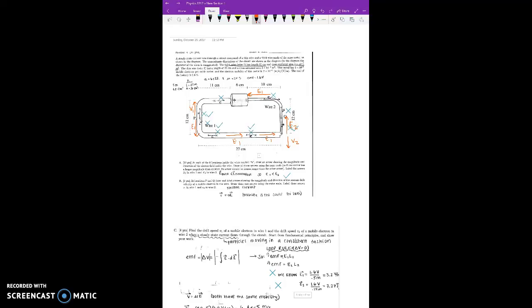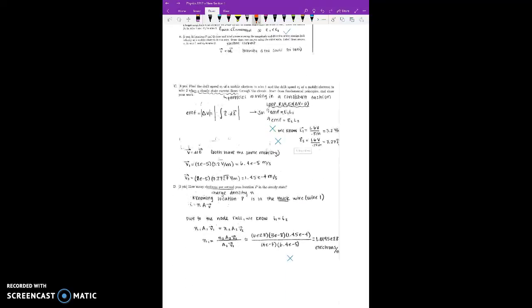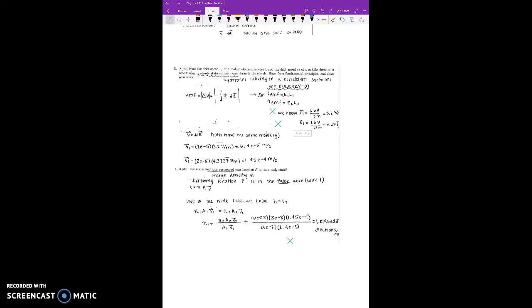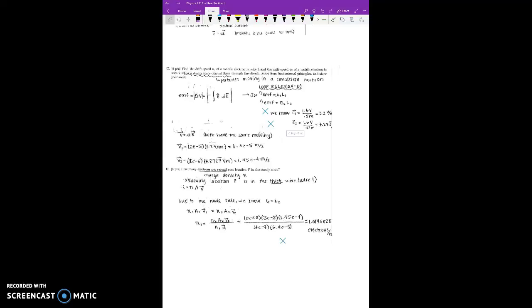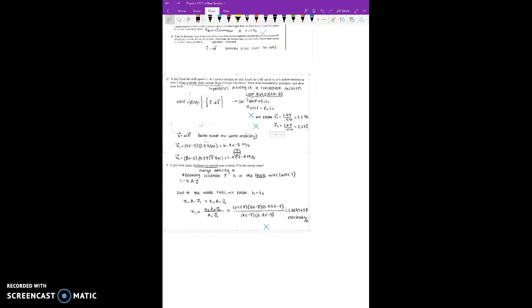Moving on to the next part, I kind of used the wrong formula to describe this, even though the rules were correct. And so for part C, when we're finding the drift of V1, we know that I is equal to N A1 V1 is equal to N A2 V2. So we know that V1 is equal to A2 over A1 times V2.